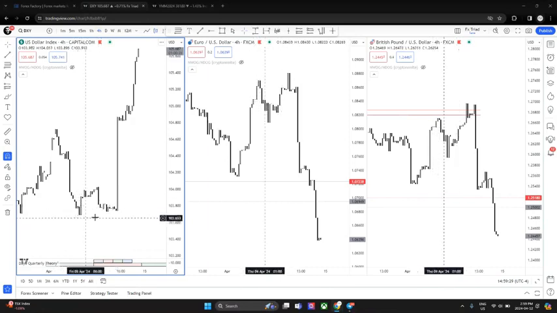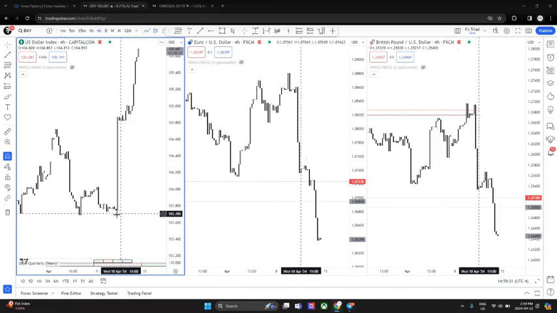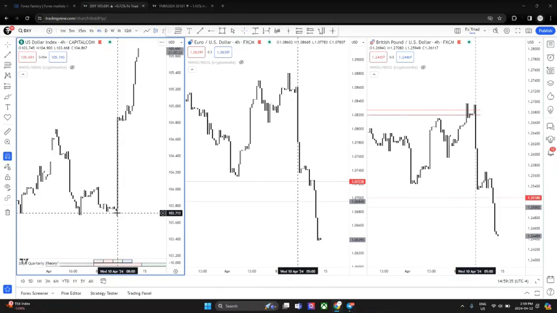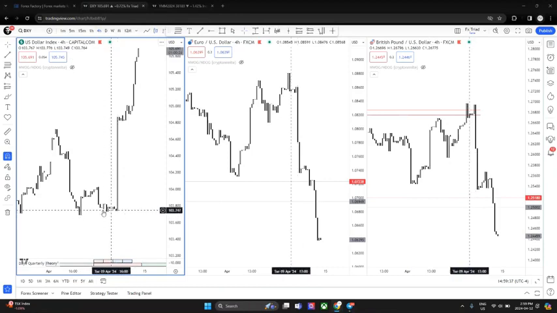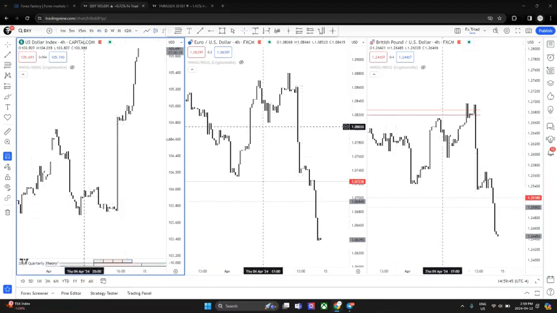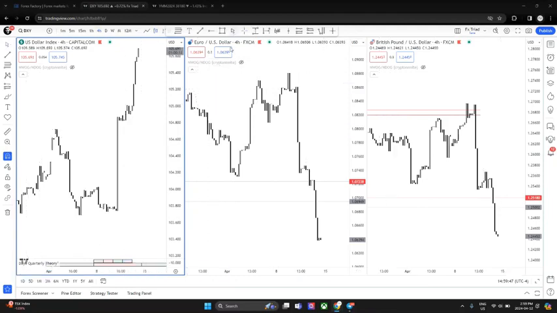So we had sequential SMT here, hidden sequential SMT, if you will. And all of this occurred right before we had CPI. If you remember what I've been saying about CPI, how can you know the direction of CPI? Is it possible?